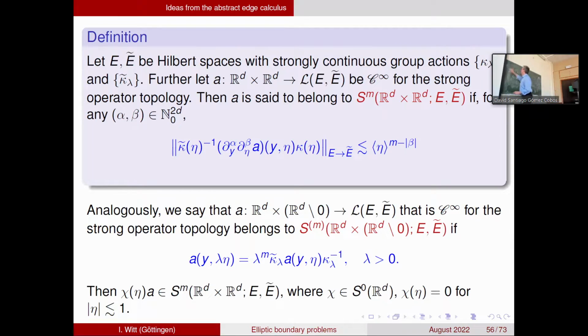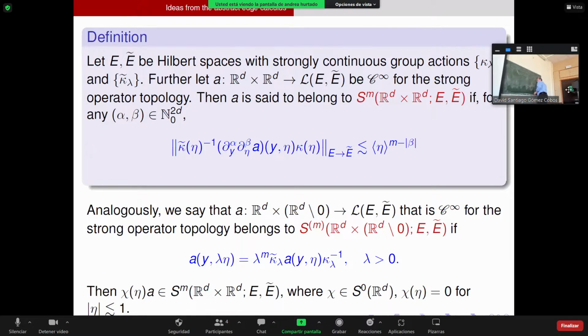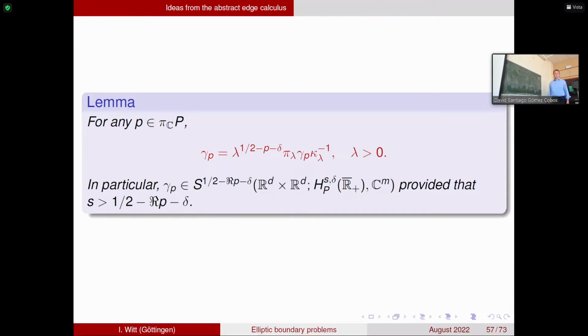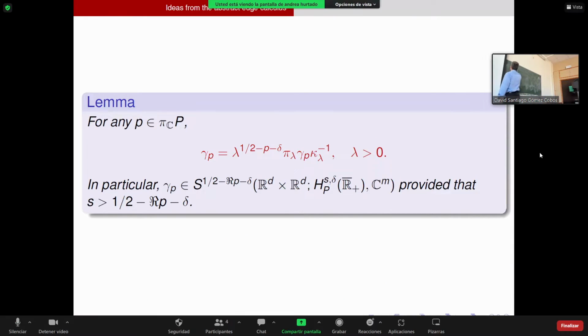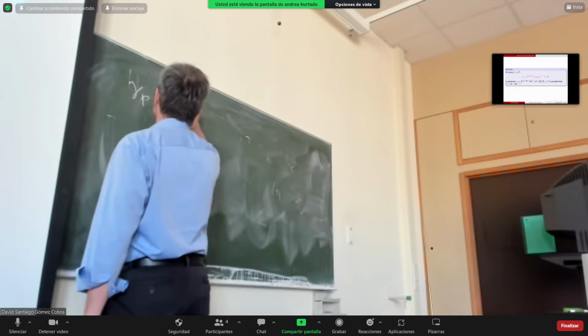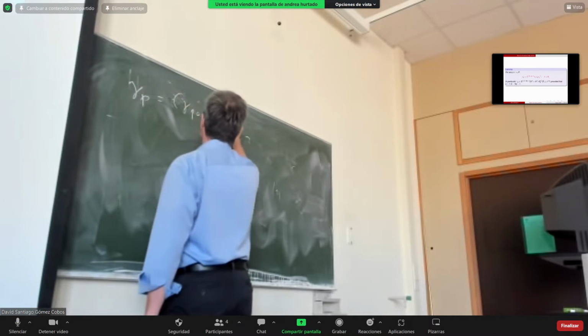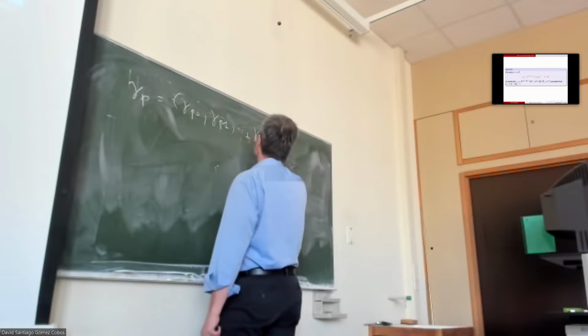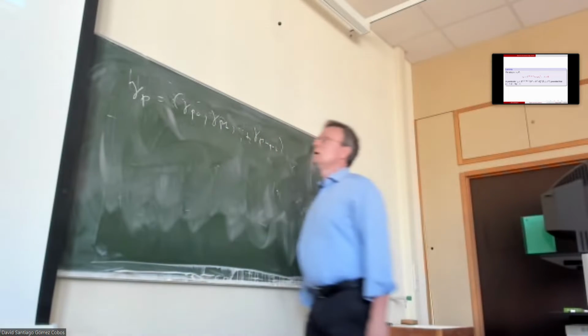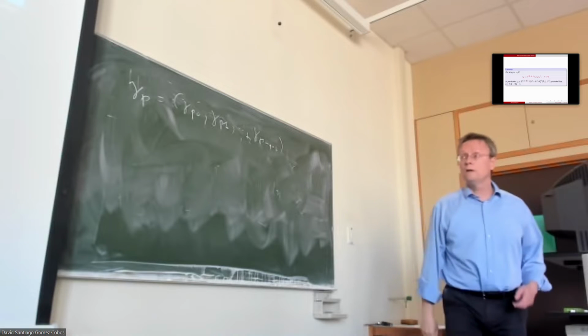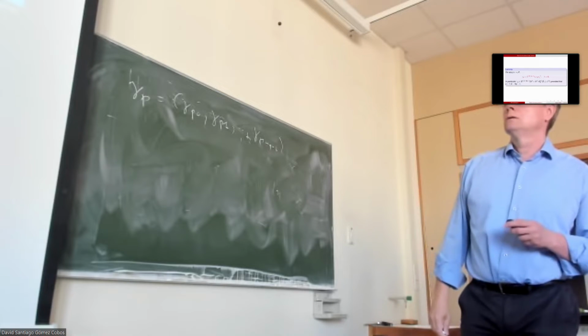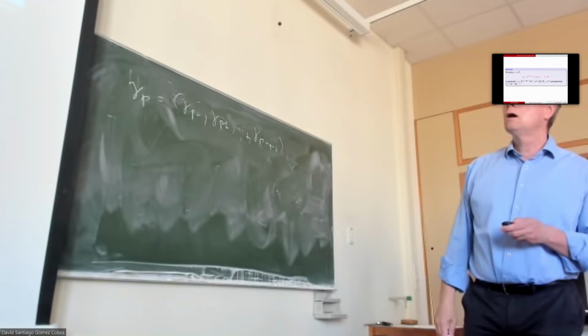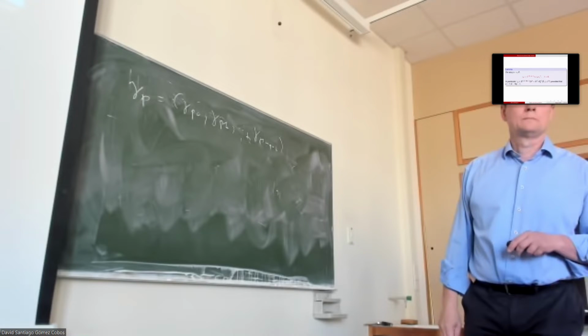So why is this convenient? Well, there's one impressive example: our trace operator gamma p, this vector gamma p1, gamma p and p minus 1, is homogeneous in that sense of degree 1/2 minus p minus delta.